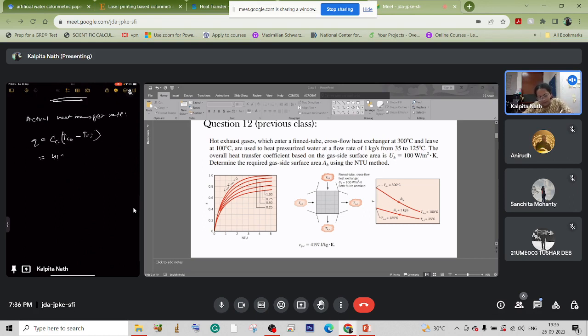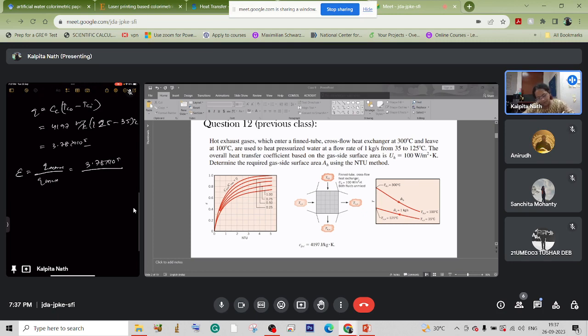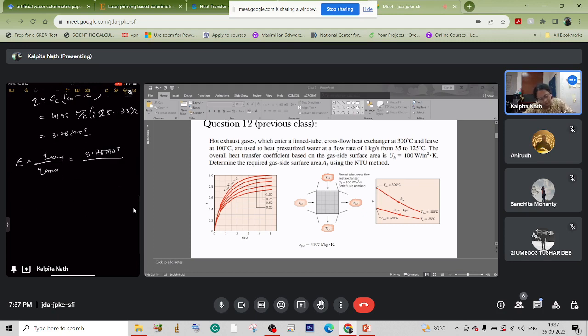So this is 4197 watt per Kelvin into (125 minus 35) degrees Celsius, which is 3.78 into 10 to the power 5. So what is effectiveness? Effectiveness is equal to Q upon Q max. Q actual is 3.78 into 10 to the power 5 upon 5 into 10 to the power 5. So this comes out to be 0.755.